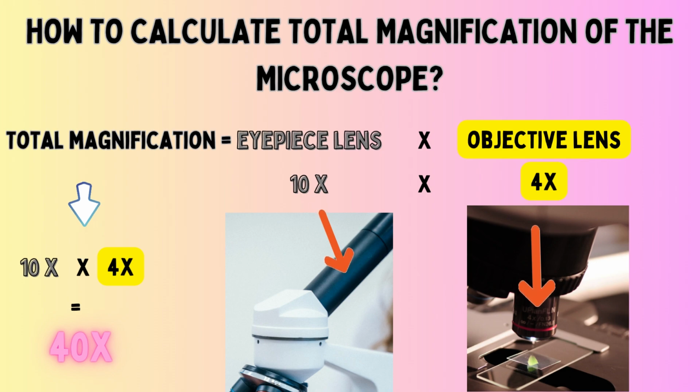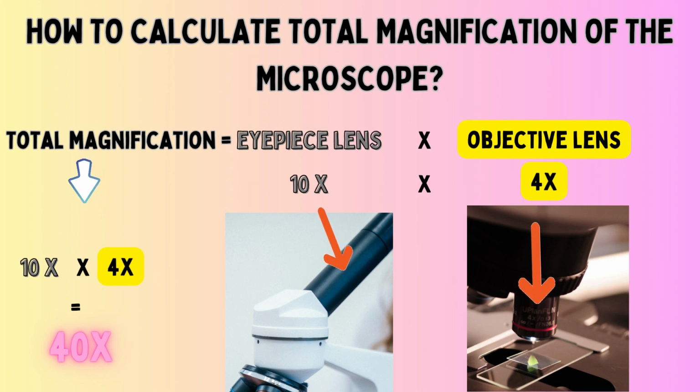The second piece of information is which objective lens you are using at that moment while performing the experiment. On the slide, you can see that we are using the small magnification, or 4 times.